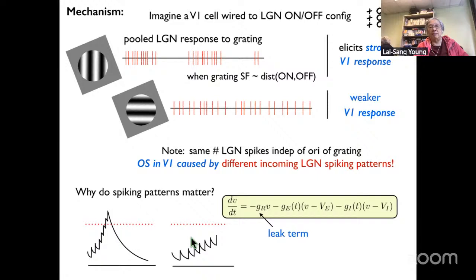And then it goes up and then all the way down. So the pattern is very important in producing different responses. The response to a vertical edge versus a horizontal edge has to do with just these patterns, nothing to do with the number of spikes.